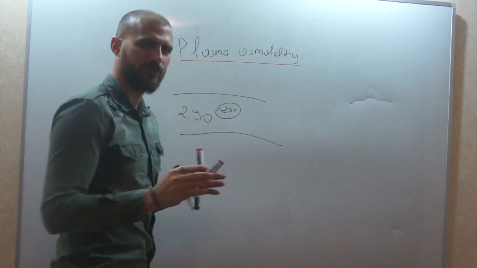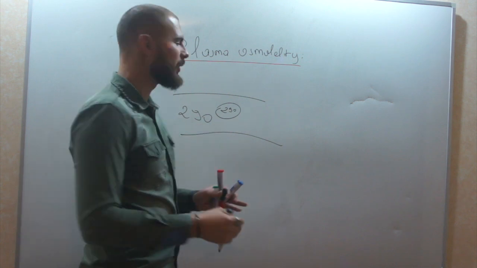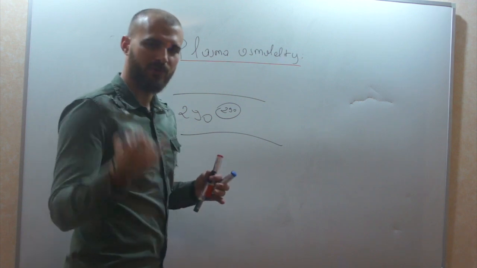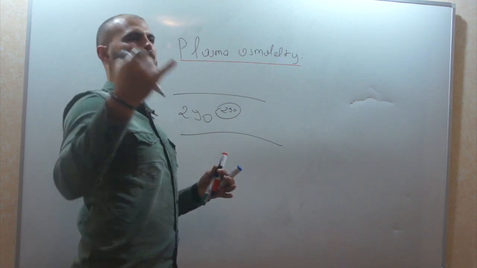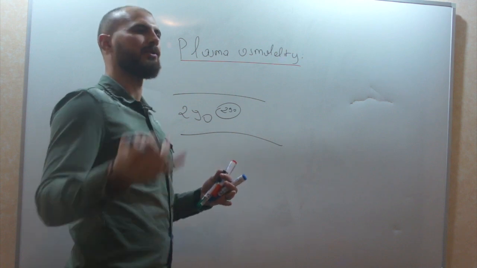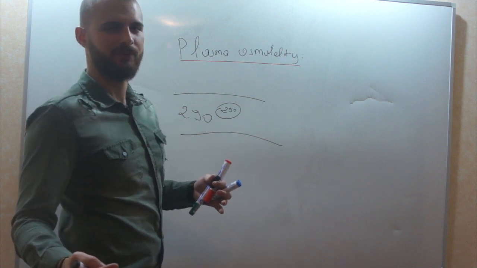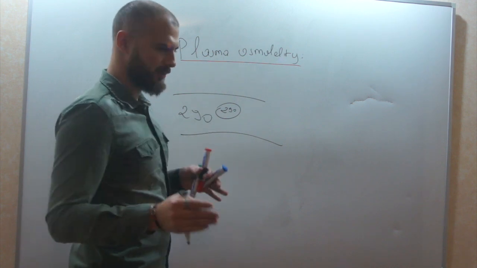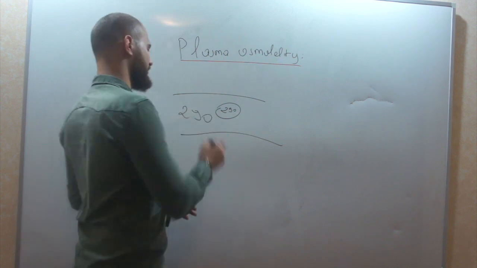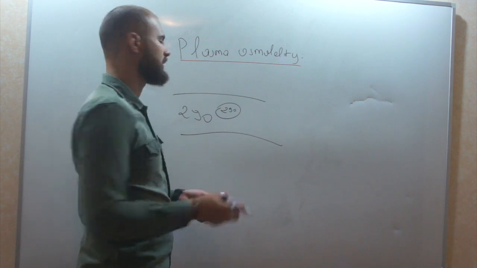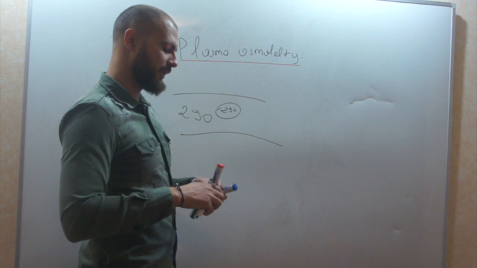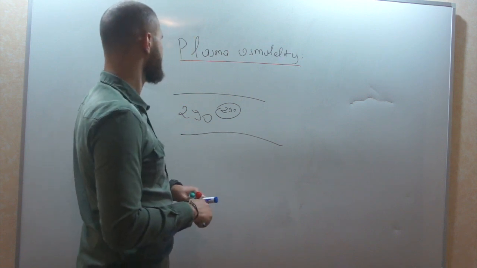Because we say isotonic or hypotonic or hypertonic when we compare two solutions. If we talk about just one solution, then we will say it's hyperosmolar or isoosmolar or hypoosmolar. We use the word tonic when we compare two solutions. So here it's isotonic. So that's what I wanted to explain earlier.